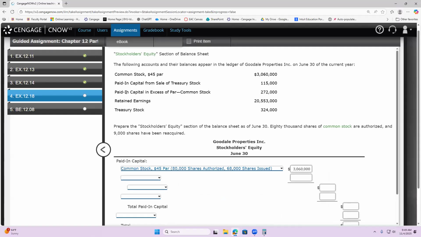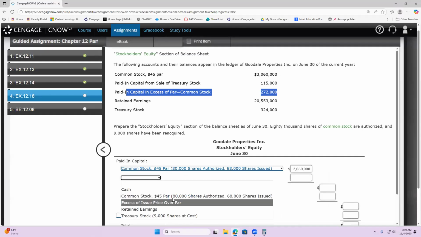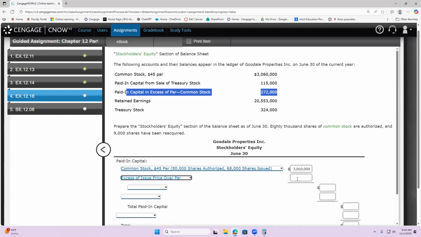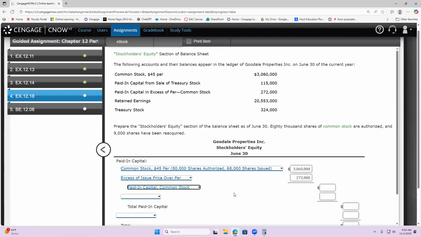Then it tells us there was paid in capital in excess of par on the common of 272,000. They're going to total up to paid in capital on the common stock. So 3,060,000 plus 272,000 should be 3,278,000. Is that right?